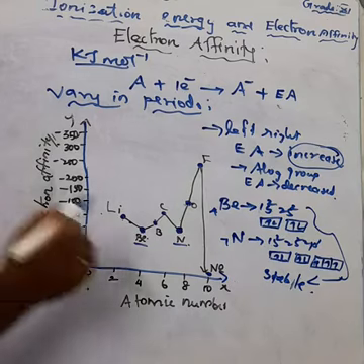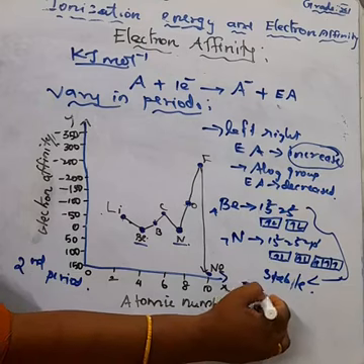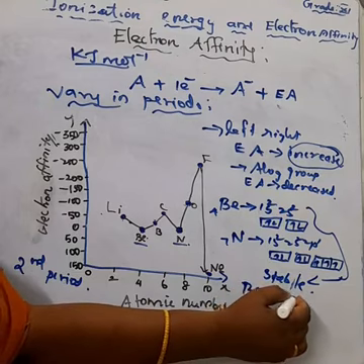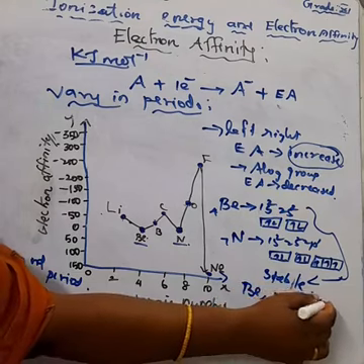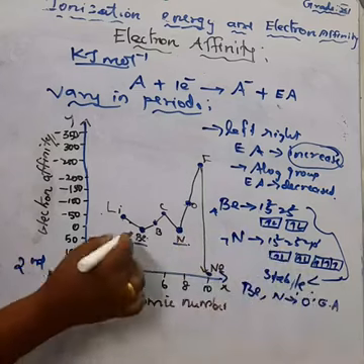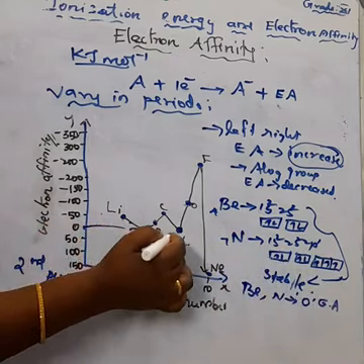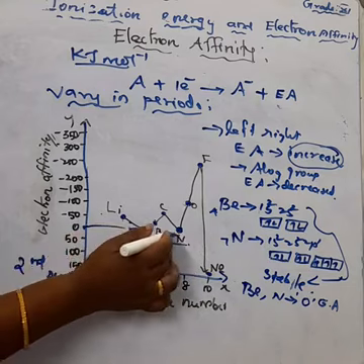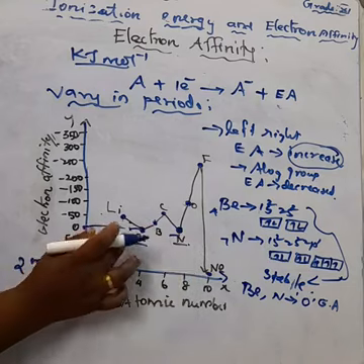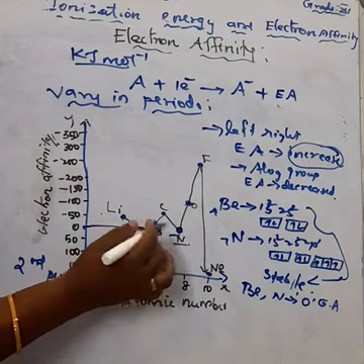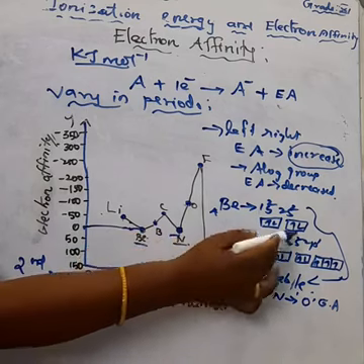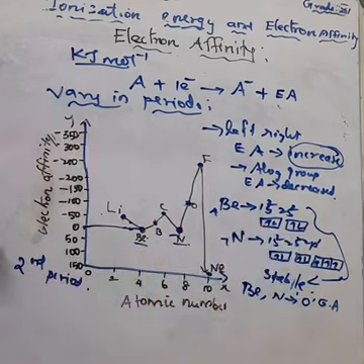Here lithium, the electron affinity will be low, and beryllium has zero electron affinity, because it is stable now. No need to add electrons or remove electrons from these atomic orbitals.